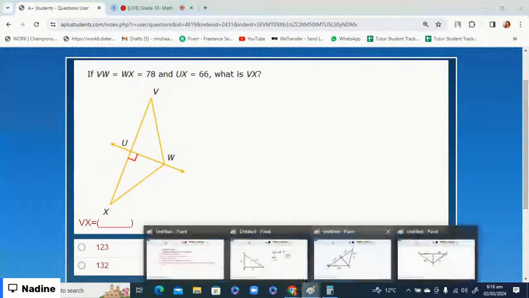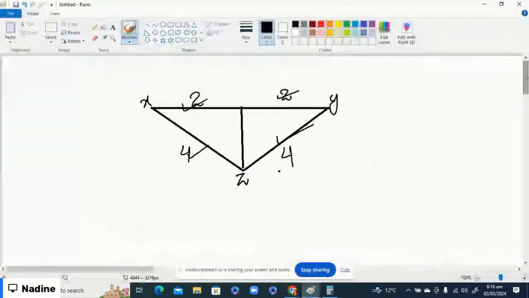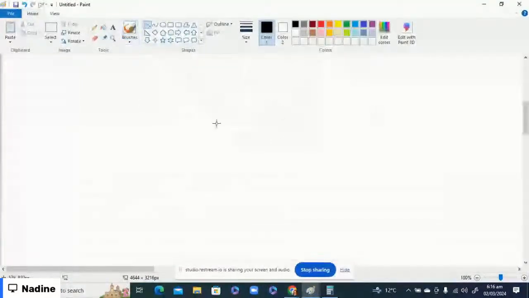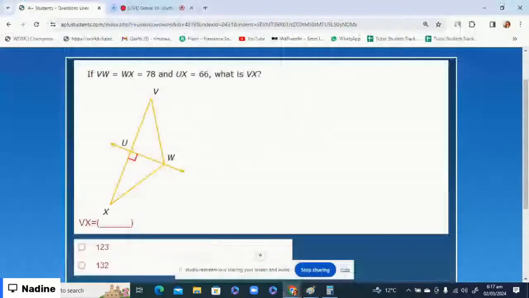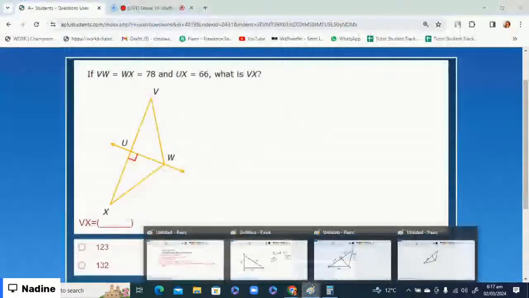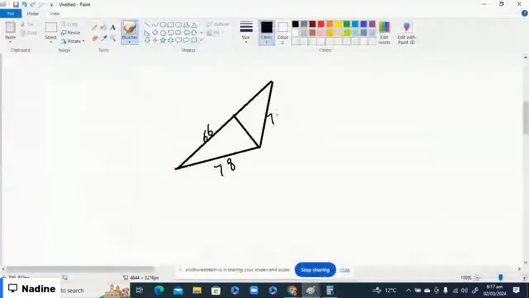Look at here. They are talking, this is the shape, okay? And then if this one is 66, for example, this is 78, this is 78.